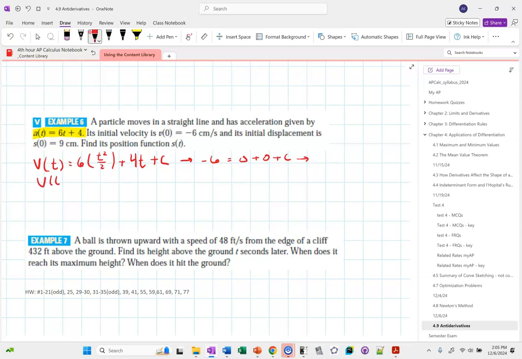So my v of t, if I clean things up, is 3t squared plus 4t minus 6. And now to get the position function, that's the antiderivative of velocity.